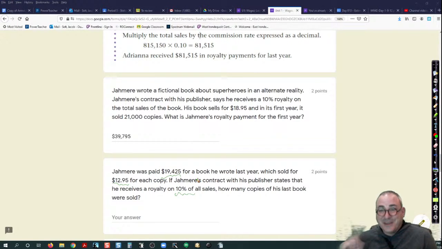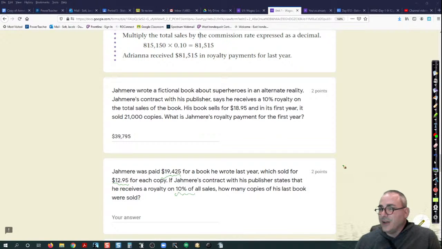And the tricky thing is we can find that out by undoing the procedure we did a second ago. Remember how last time to find this number right here, we had to multiply it by 0.10. Well, we're going to undo that calculation. Why? Because if we undo that calculation, it'll give us total sales, right?